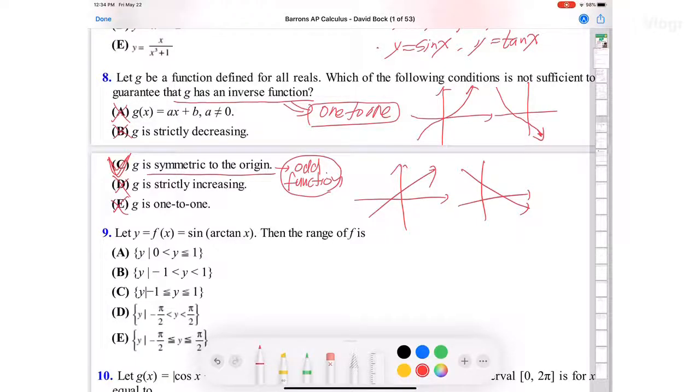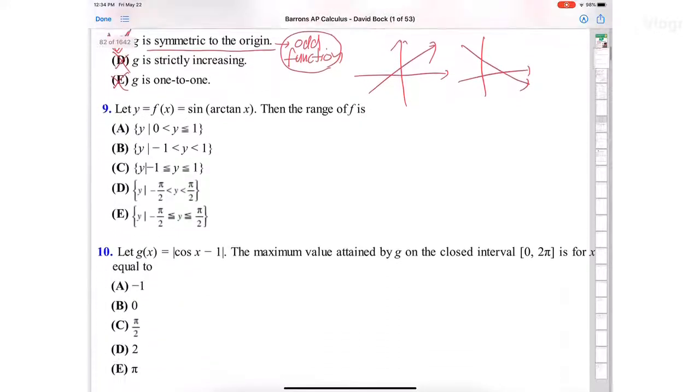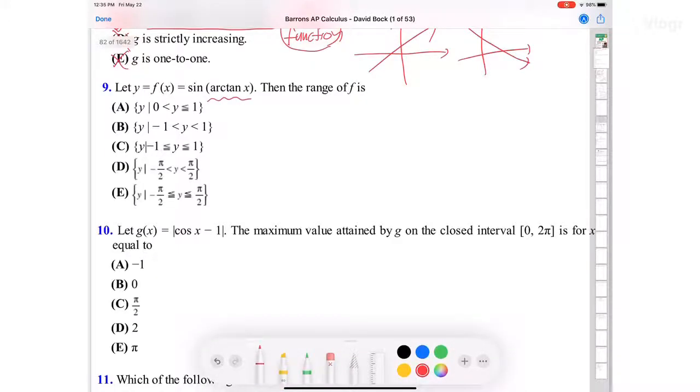All right, number 9. Number 9 says let y equals f(x) equal to sine of arctangent x. You need to understand what arctangent x means. Arctangent x actually represents an angle, right? Arcsine, arccosine, arctangent mean angles.